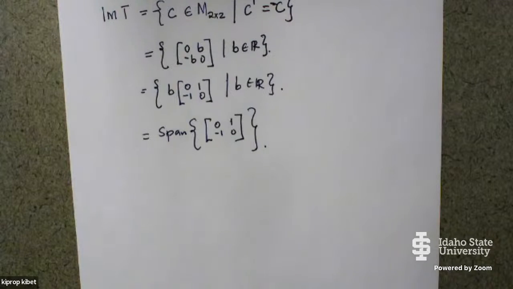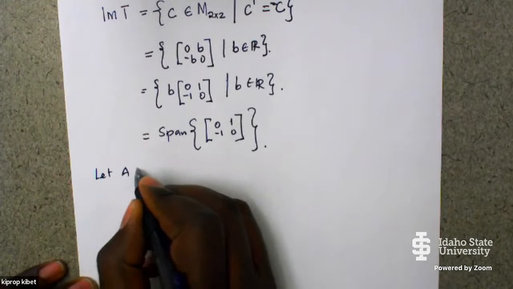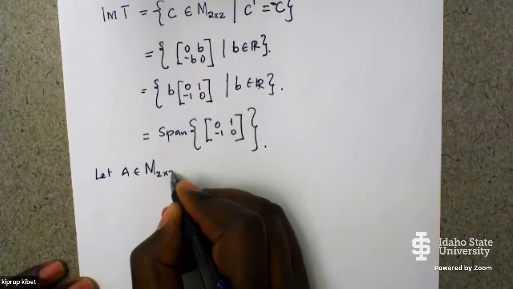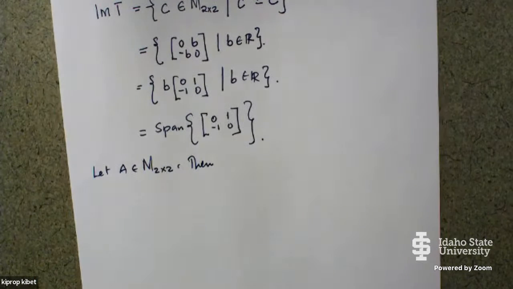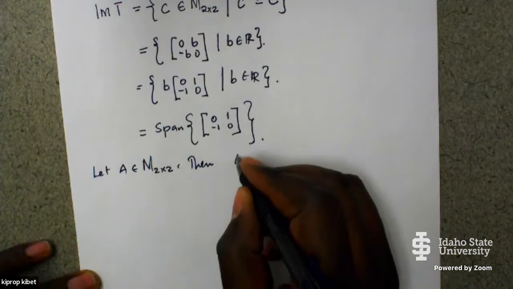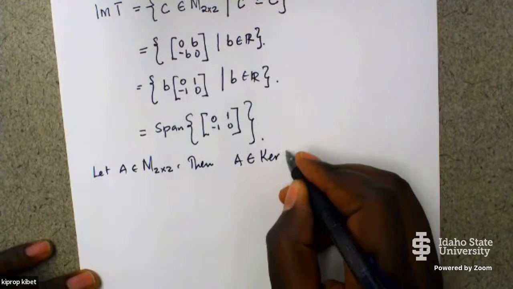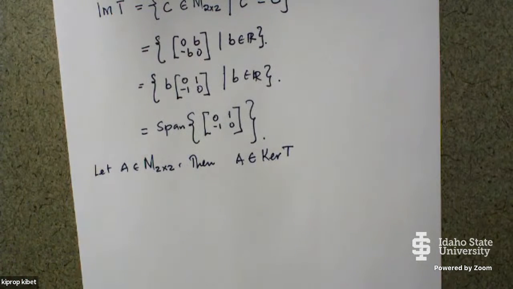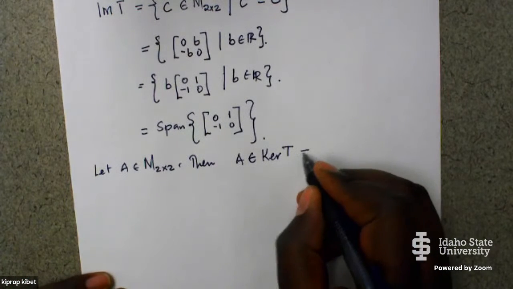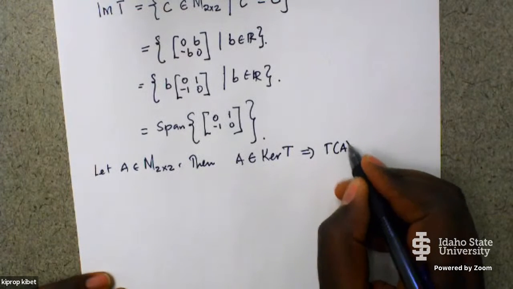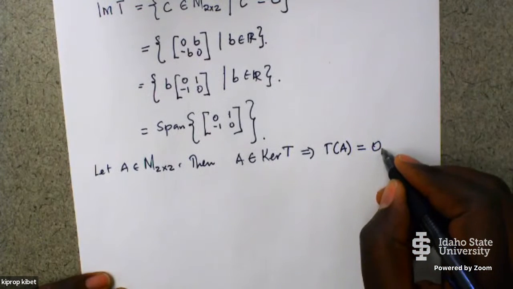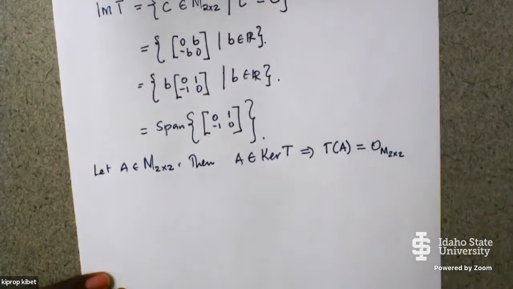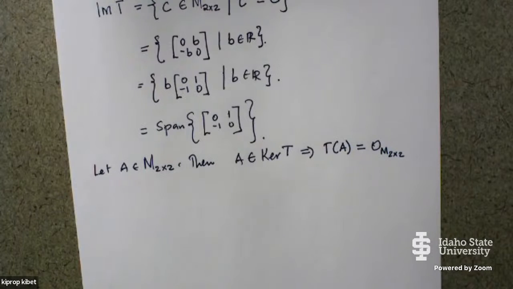What about the kernel? If we let A be an element of M, a 2 by 2 matrix, then A is an element of the kernel of T. So T of A is equal to 0, and this 0 is in M 2 by 2.